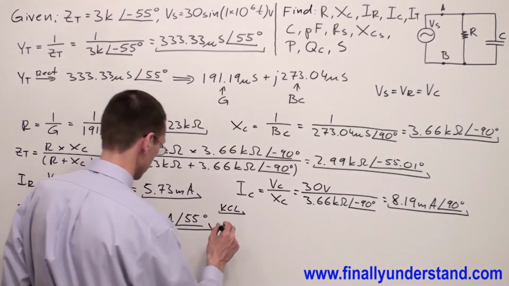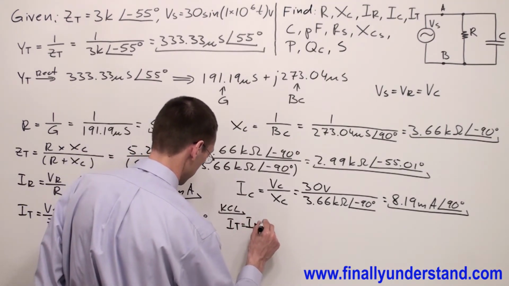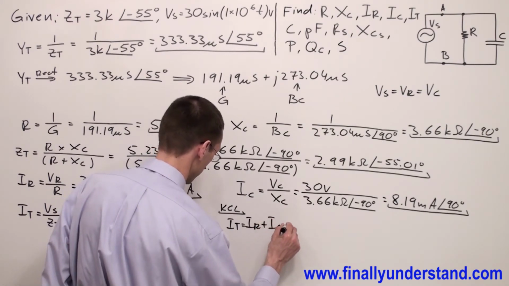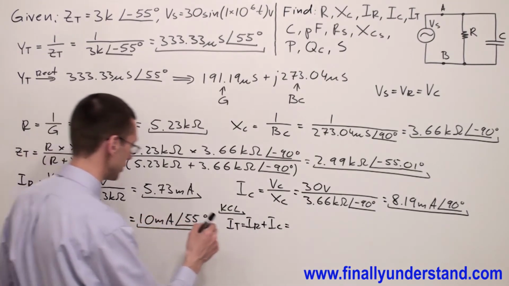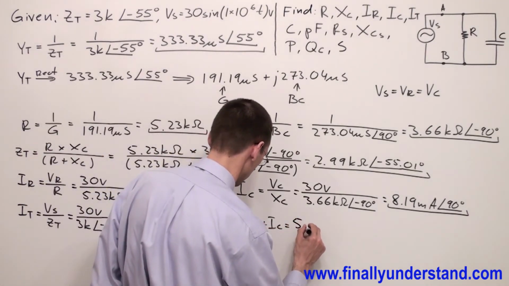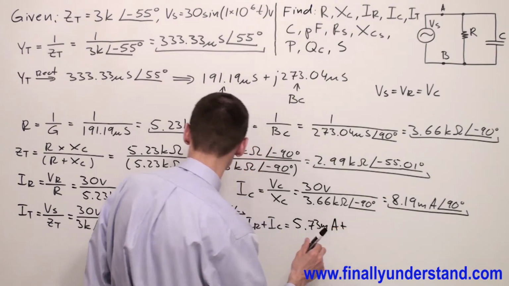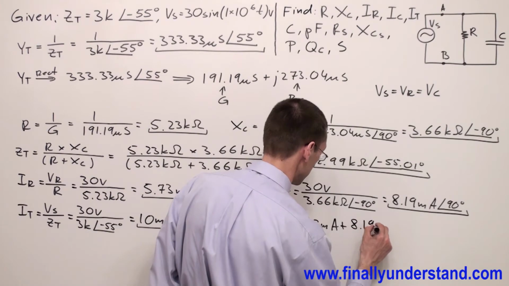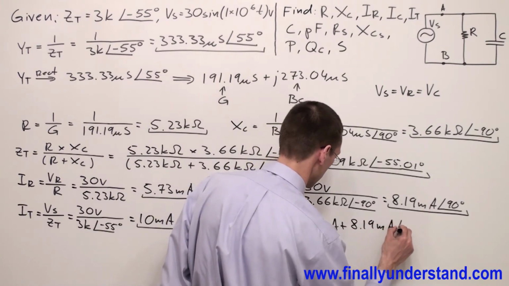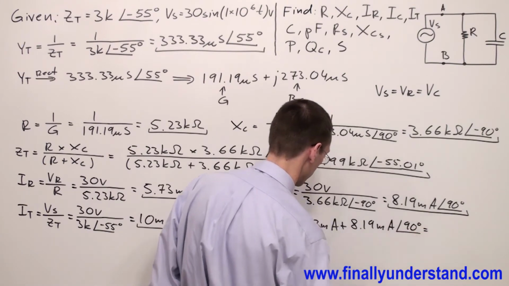So I total is equal to IR plus IC, where IR we found is equal to 5.73 milliamps plus 8.19 milliamps and angle of 90 degrees.